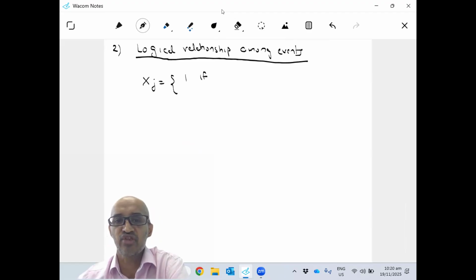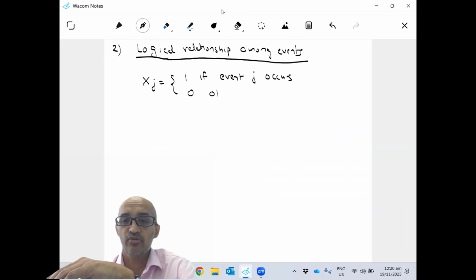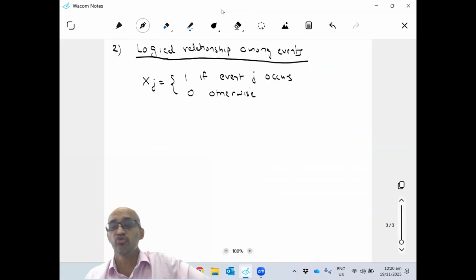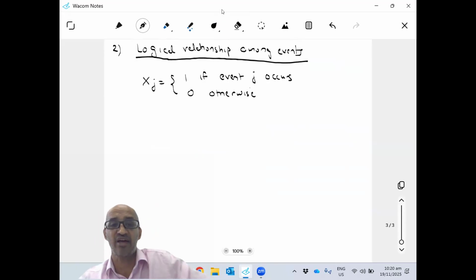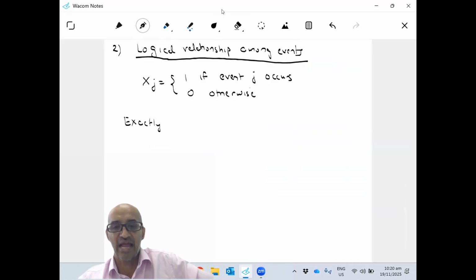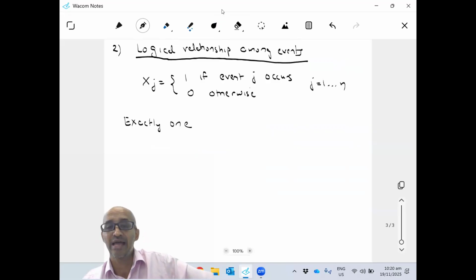Maybe xj is 1 if some event j occurs, again think of this as a decision variable, and 0 otherwise, if the event does not occur. Suppose I want to capture a constraint saying exactly one event occurs, and I've got n such events.